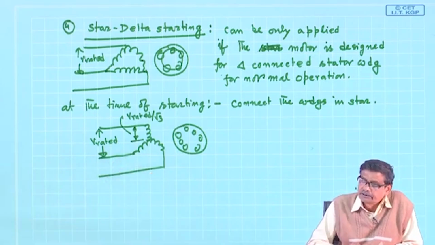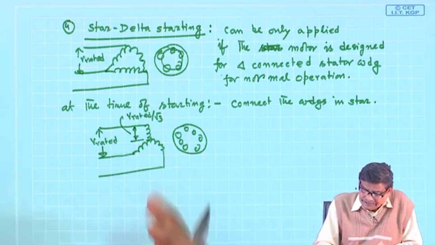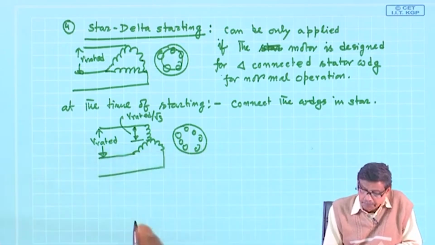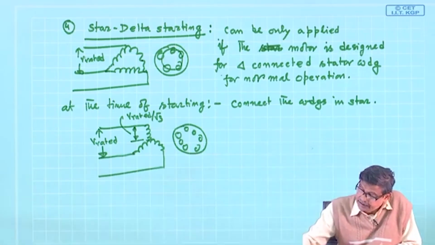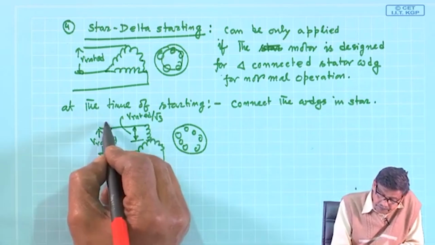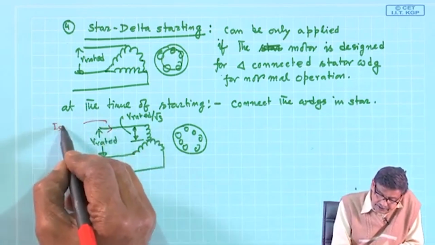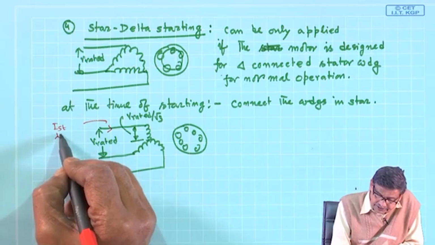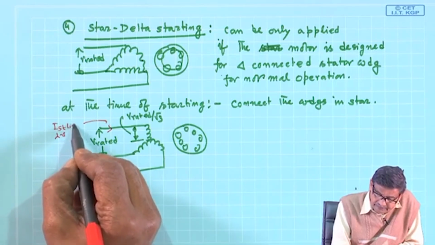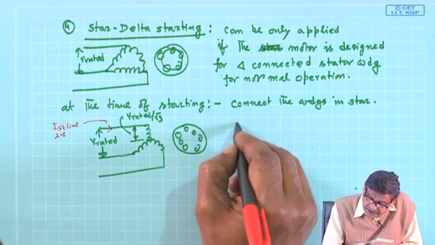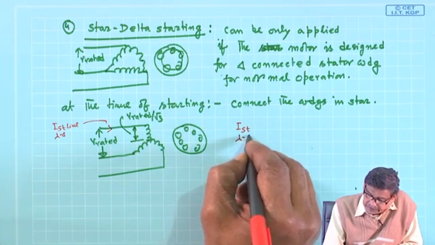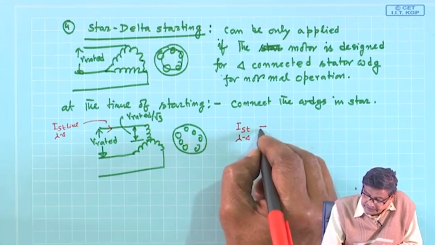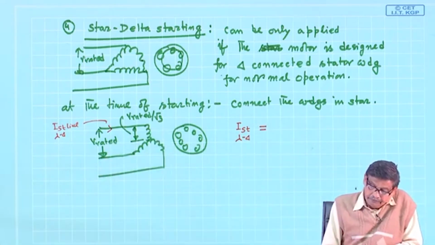And then once again I can calculate the starting current as well as starting torque developed. The calculation in this case is pretty simple. If you say that this current is I starting using star delta starter, line, I starting using star delta starter is equal to, it will be how much?